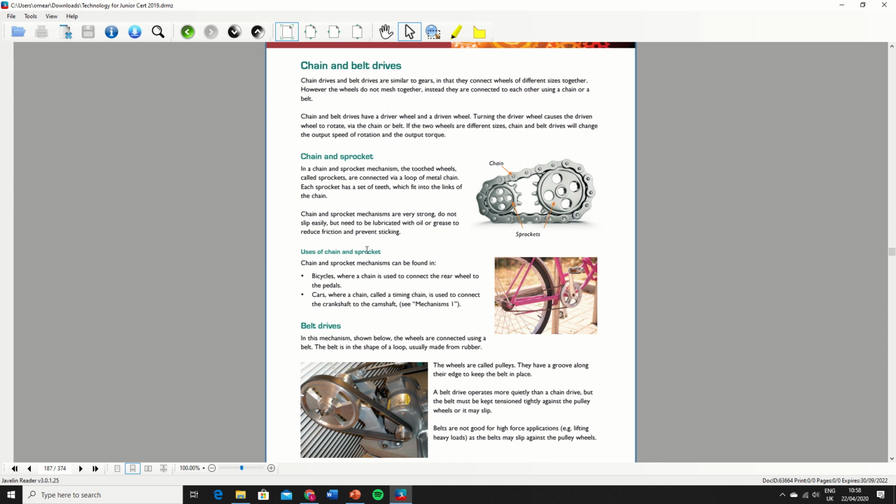So the uses of the chain and sprocket mechanism. They're used in bicycles, where the chain connects the pedals to the rear wheel, so you can see clearly there. Cars, where a chain is called a timing chain or a timing belt. Sometimes in cars you'll have a timing belt, which means that there's no sprockets. It's just connected using a pulley and a belt.